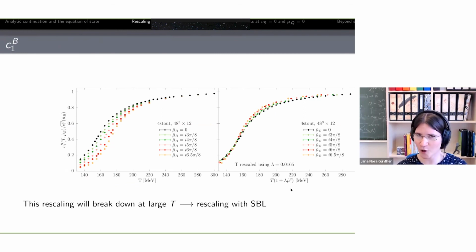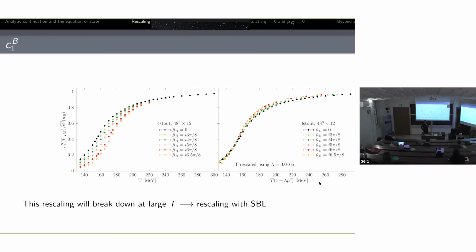Of course, it's not perfect, as you can see in this rescaled plot. So we get corrections for that, which we then denoted by lambda 2 and lambda 4. And the better this works, the smaller our lambda 4 will be.